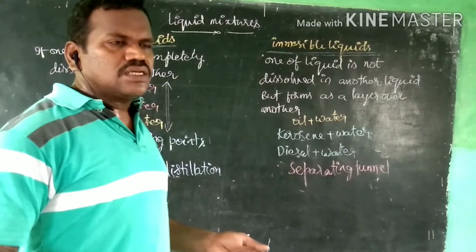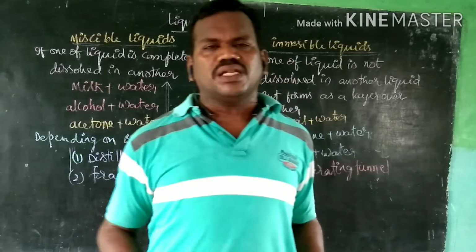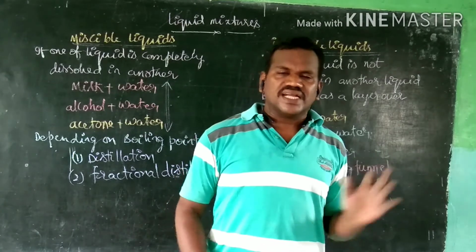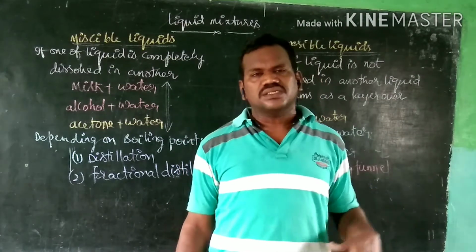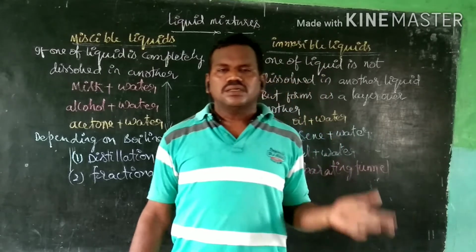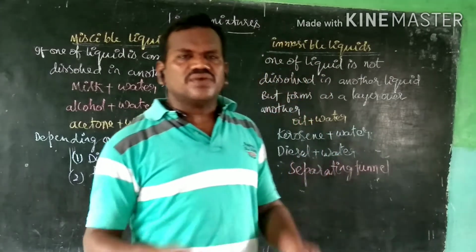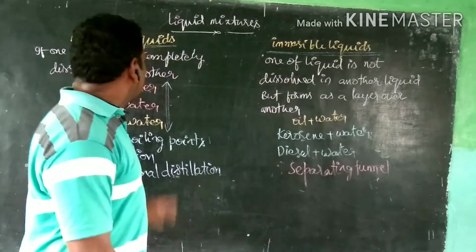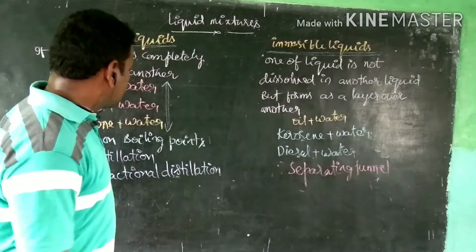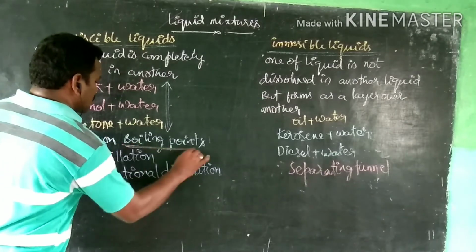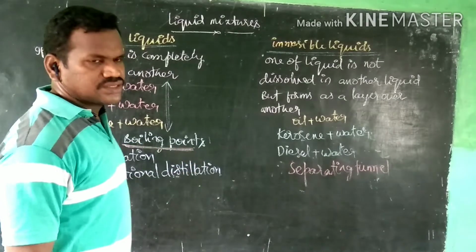Means by taking acetone and water in a crucible and boiling them, at 56 degrees Celsius first acetone comes out, and at 100 degrees Celsius water will come out. So that is one of the methods by which we separate miscible liquids. Means while separating miscible liquids, we consider their boiling points.